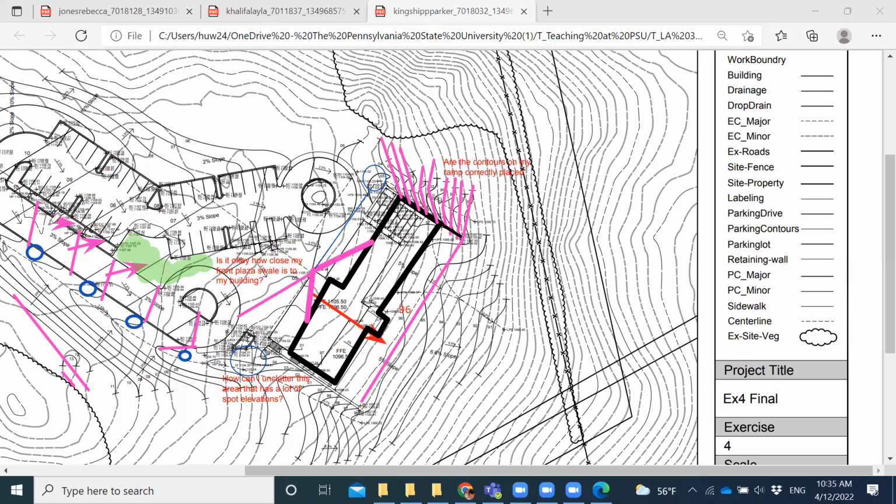I think they're probably equal in terms of how much work it involves. First option, turn these contours so you use the green in between to treat water. Second choice would be not turning them out, but pushing these contours to the vegetation and then making some room here for the treatment of the water.